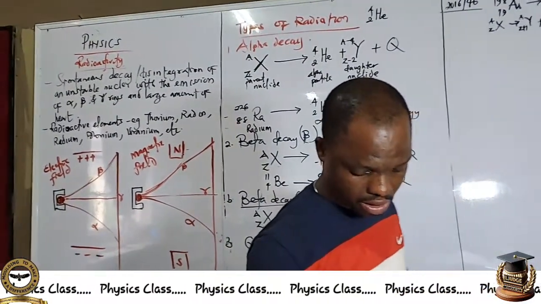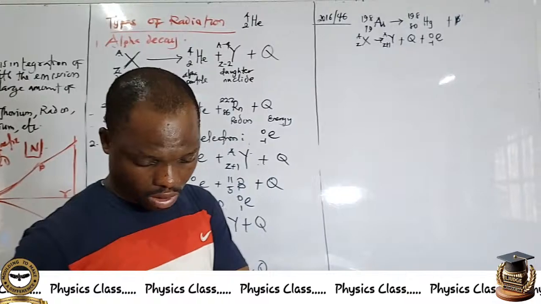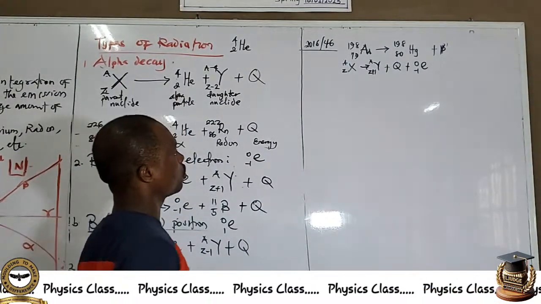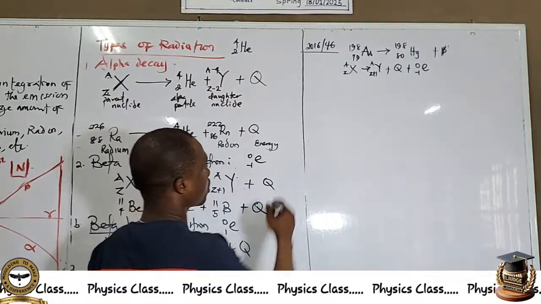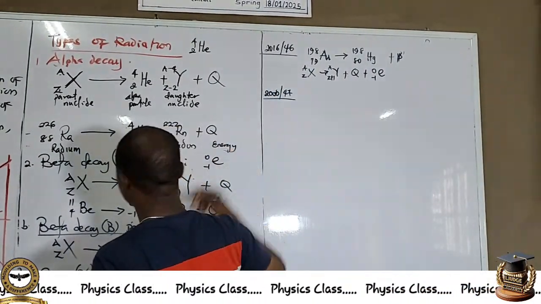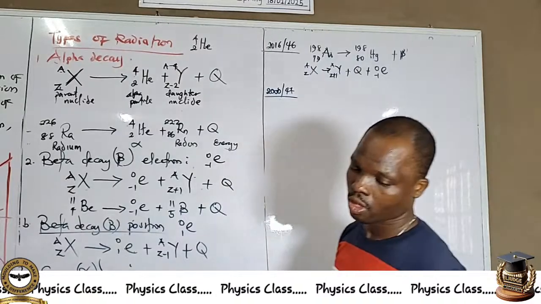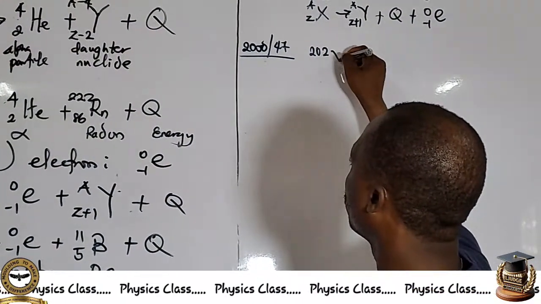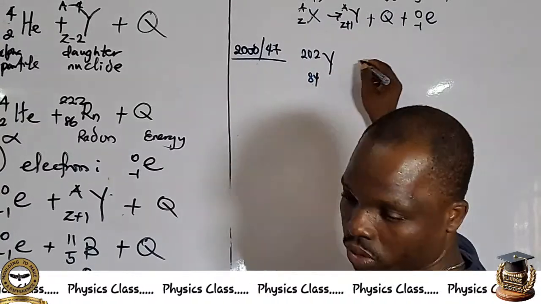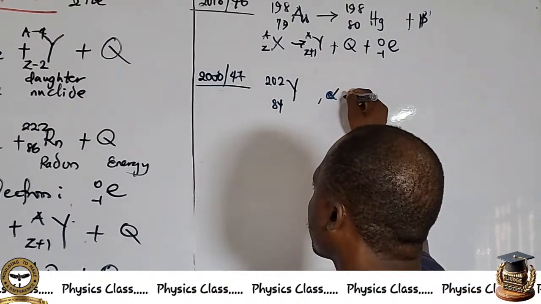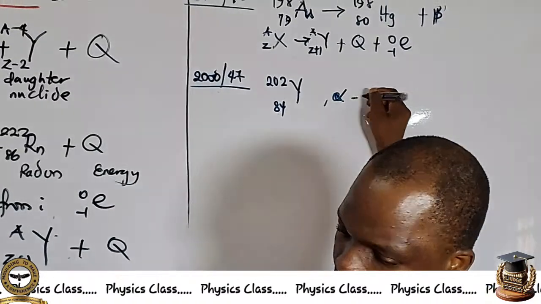So let us take this question. This is 2000 question 47. A nuclide 202 Y 84 emits in succession an alpha particle and a beta particle.